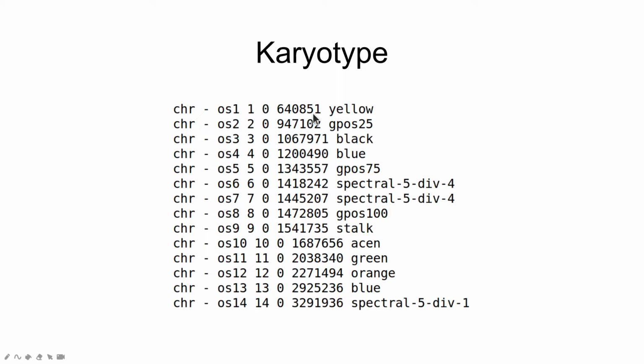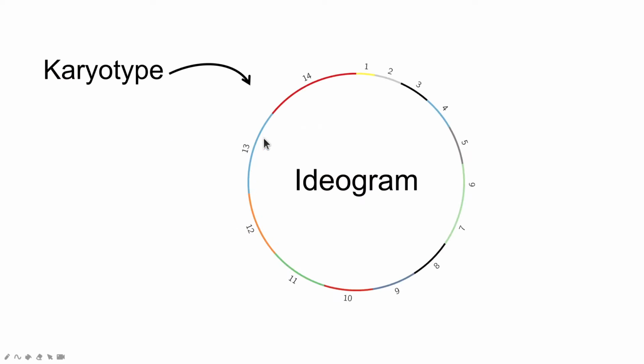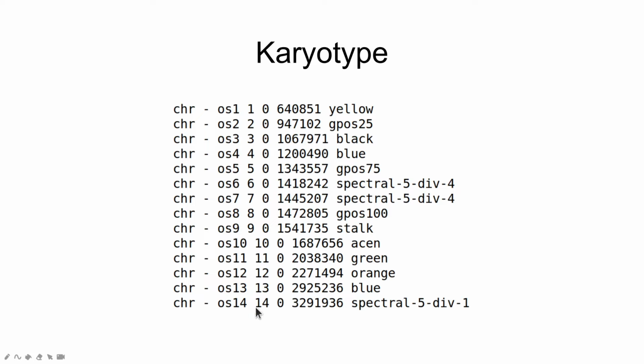This is how a typical karyotype file looks. The label is what is shown here, 1, 2, 3, up to 14. Then we have the start and end, and then the color. That's how a typical karyotype file looks like.